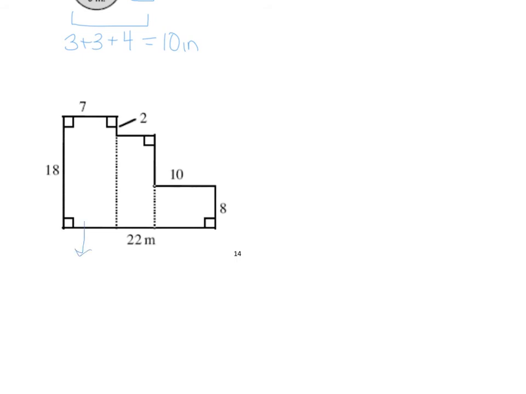Therefore, this one would be 7 times 18, which gives us 126 meters squared. For this one, we would do 10 times 8, which gives us 80 meters squared. Those are the 2 easy ones because their dimensions are really easy to see.